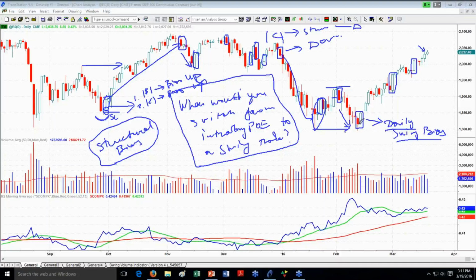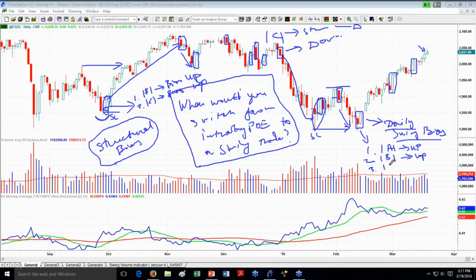And then here we could be thinking, okay, what are the scenarios here? We are either in phase A, and we're testing the climactic action here. Or we are in phase B, and this is a secondary test. If this is a test of the climactic action, our structural bias is up. If this is phase B, our structural bias is up.